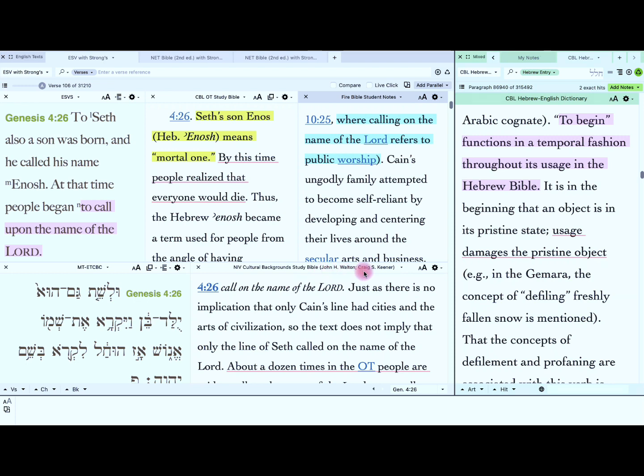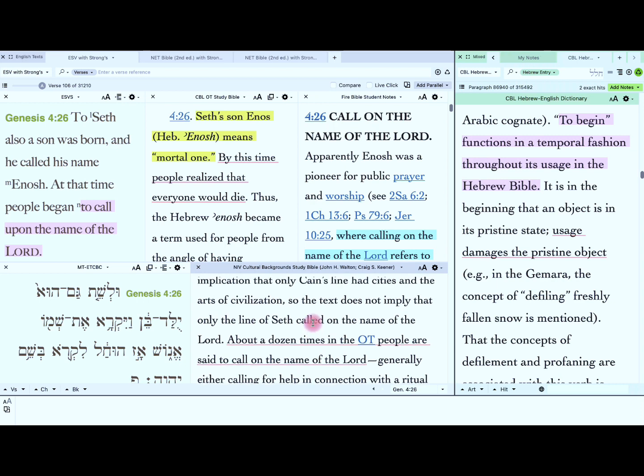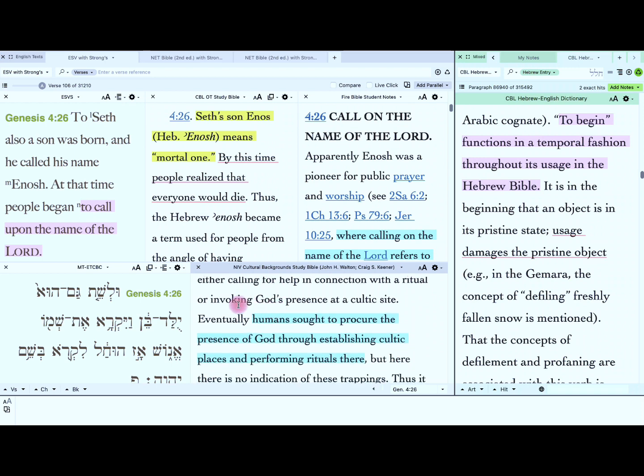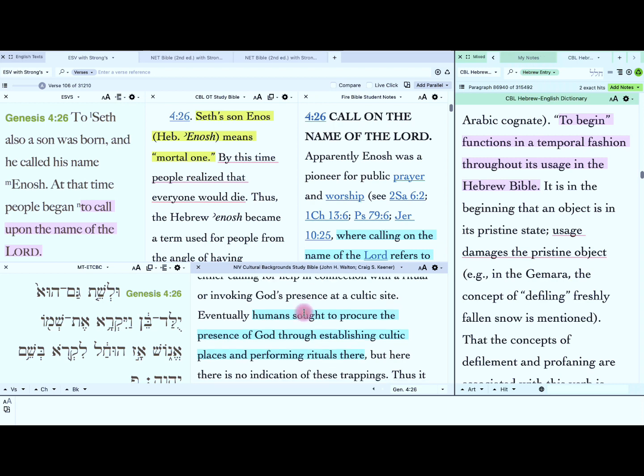Edited by John Walton and Craig Keener. They say the following. About a dozen times in the Old Testament, people are said to call on the name of the Lord. Okay? And what's the connection? Invoking God's presence at a cultic site.